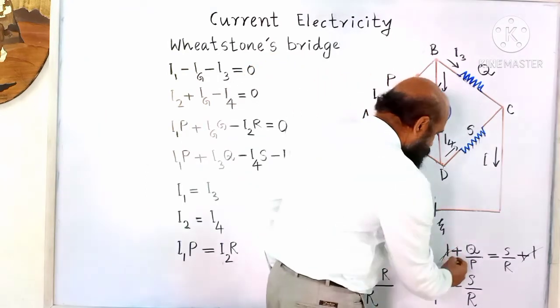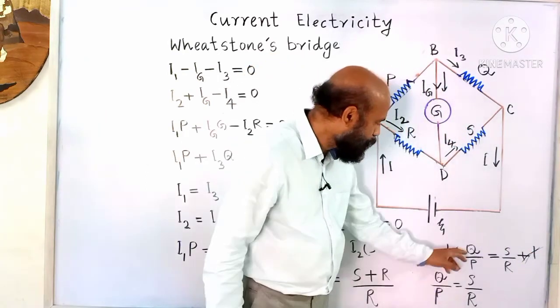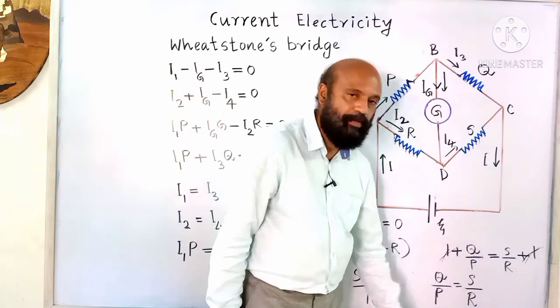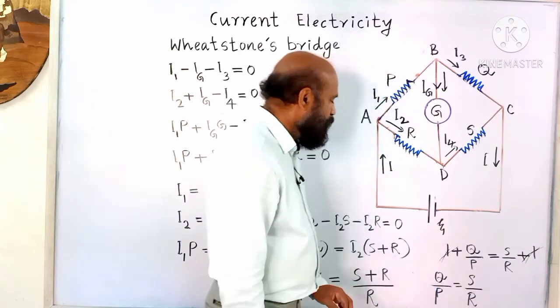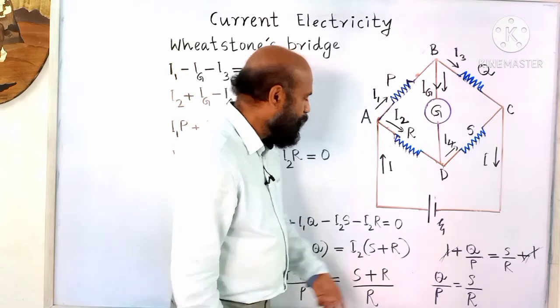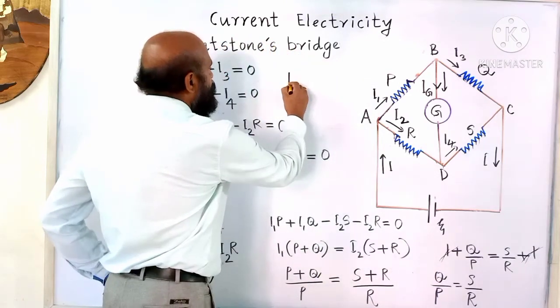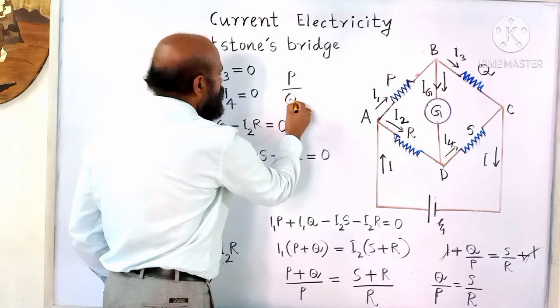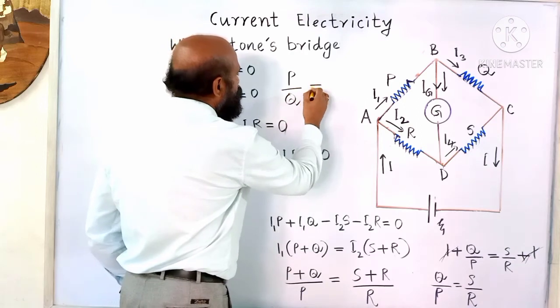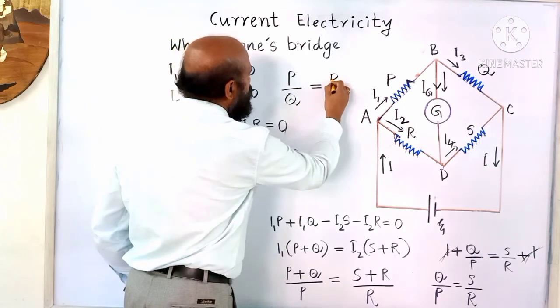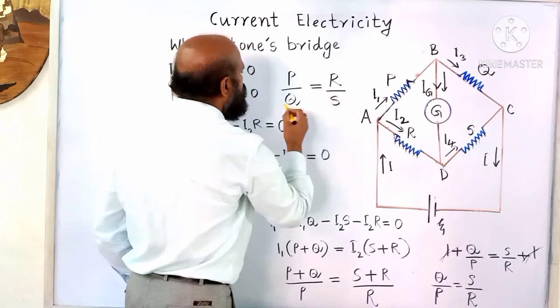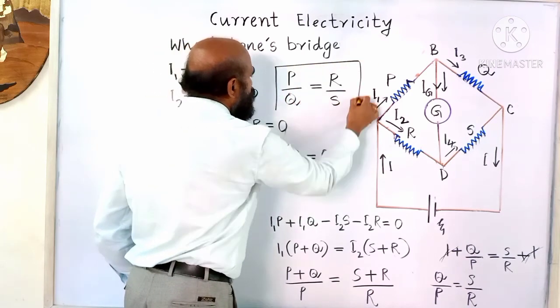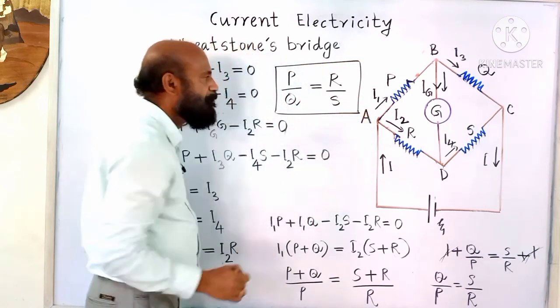So this 1 will get cancelled. So Q by P is equal to S by R. Now take the reciprocal of this, so P by Q is equal to R by S. This is the condition for bridge balancing.